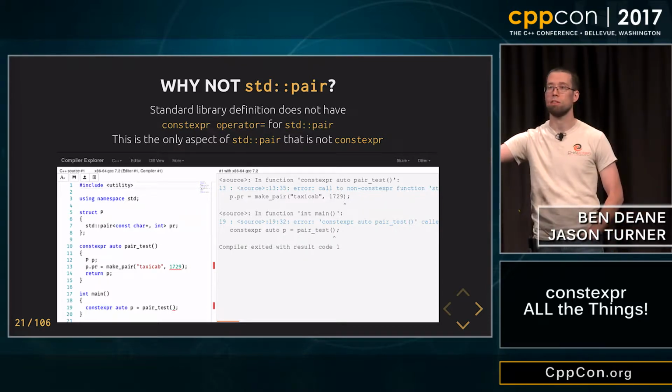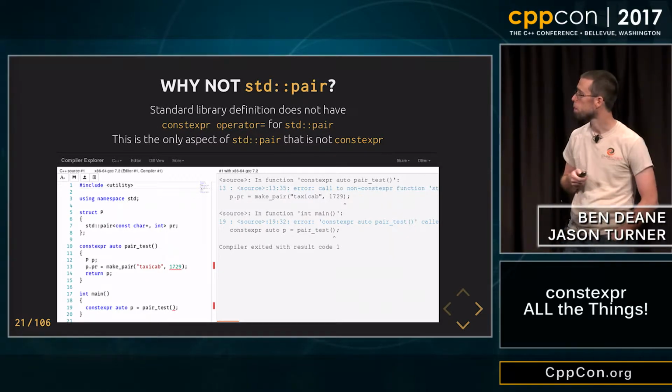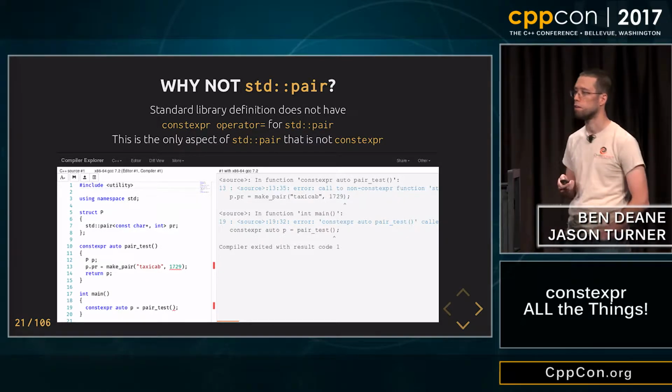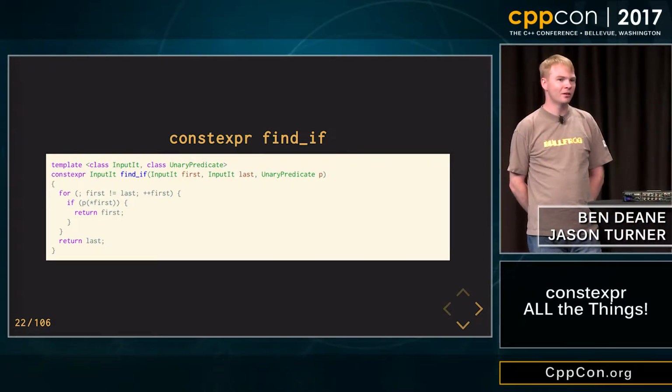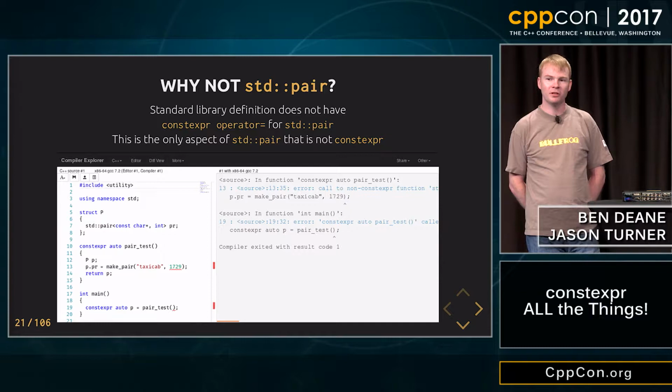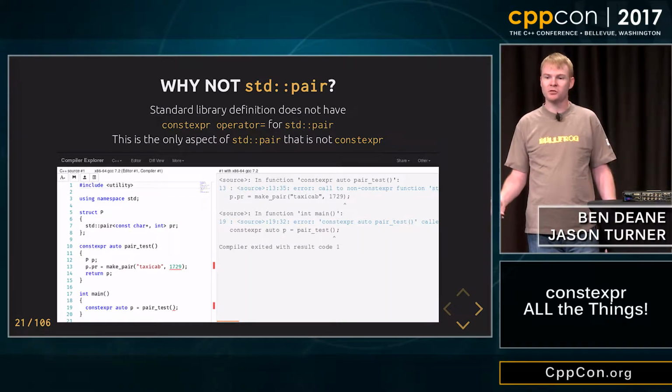Do we have any standard library implementers that want to argue? All right. I guess Marshall's not here. But this is actually a common thing right now with constexpr in the standard. There are places where things that should, by our thinking, be able to be constexpr just aren't specified as constexpr in the standard.